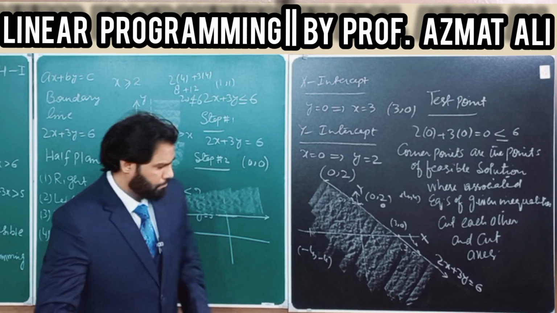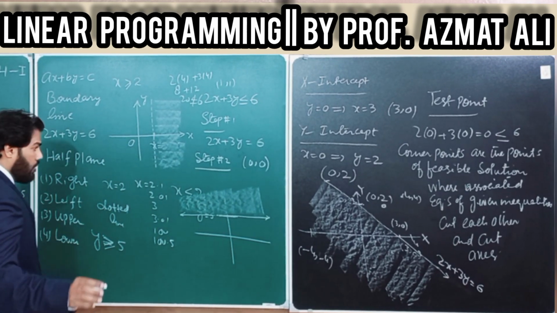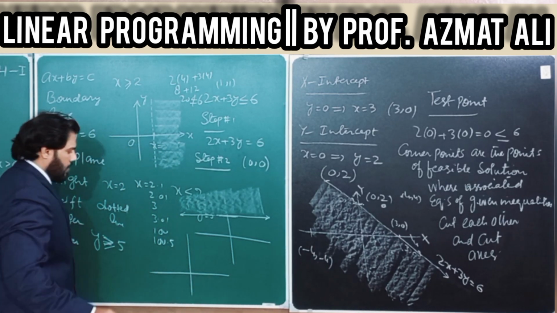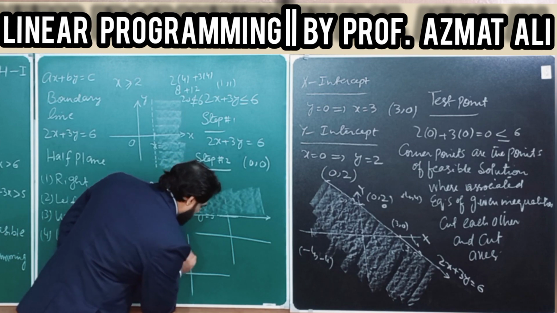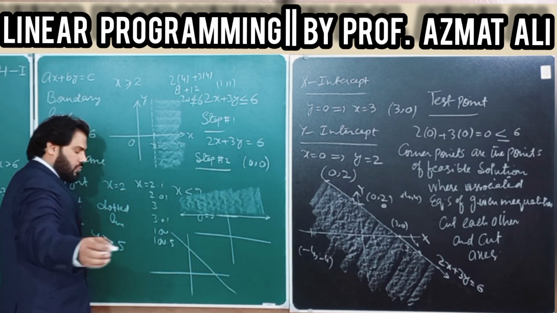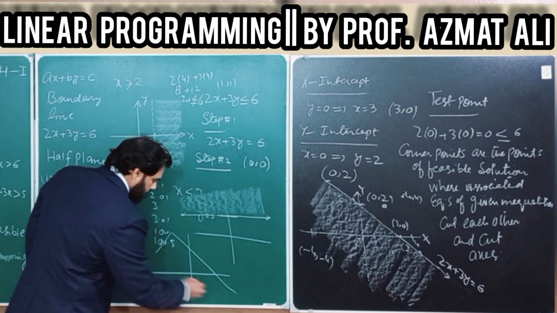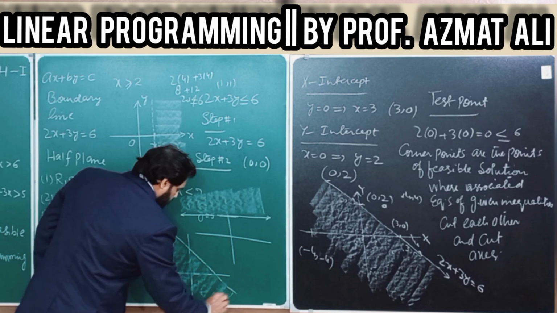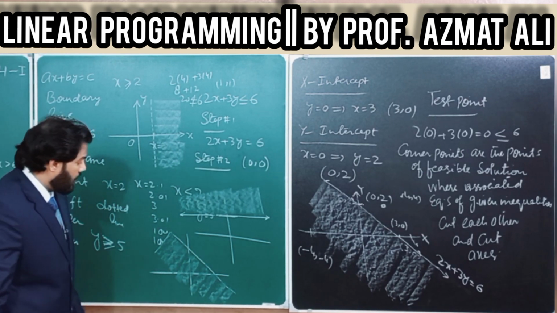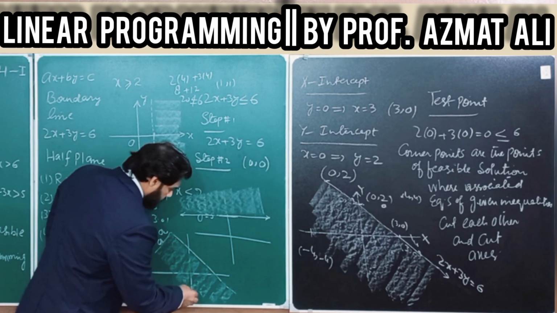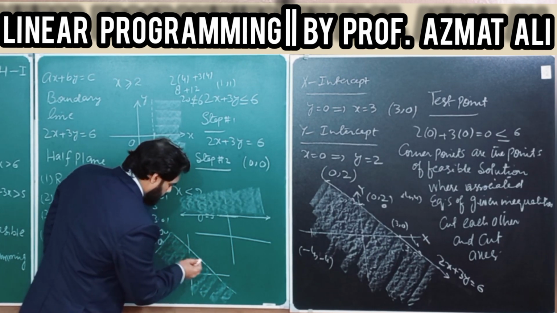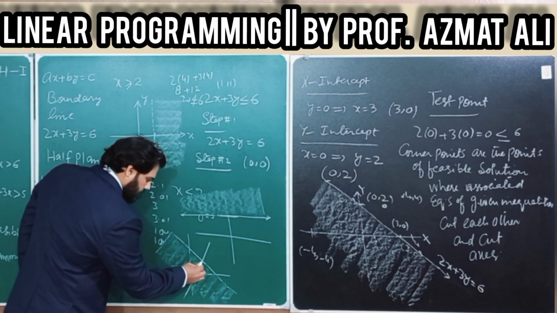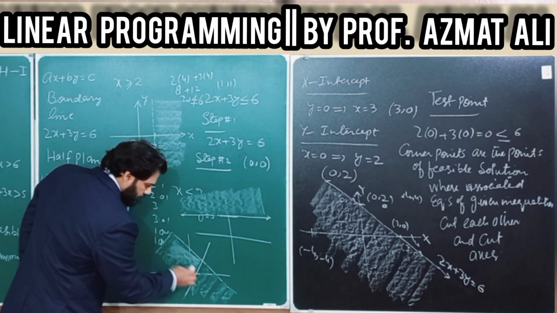For example, suppose I draw a graph of two linear inequalities. Suppose the graph of our first inequality is this, below this line, and the graph of our second inequality is this. And that is towards the origin but above this line.